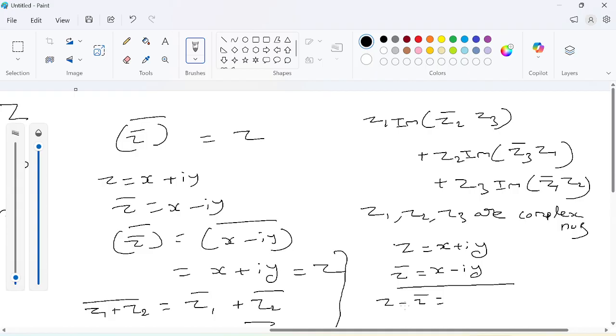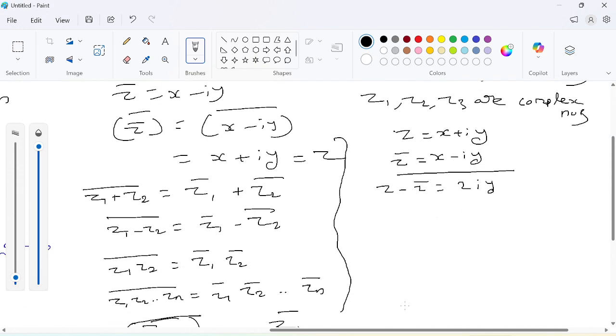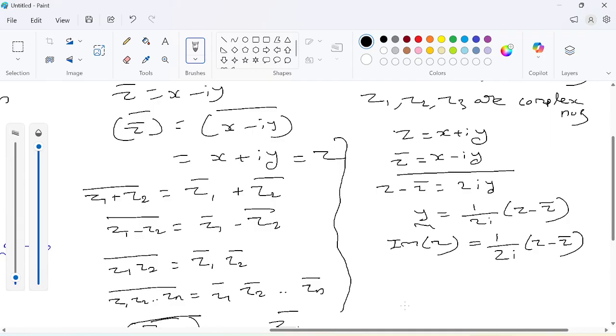How much will I get? x plus iy, minus x minus iy. x cancels, I'll get 2iy. What is your y now? 1 by 2i of z minus z bar. Right? What is y actually? Imaginary of z. Imaginary of z is your y. So that is equal to 1 by 2i times z minus z bar.